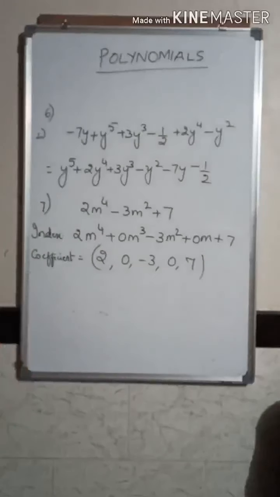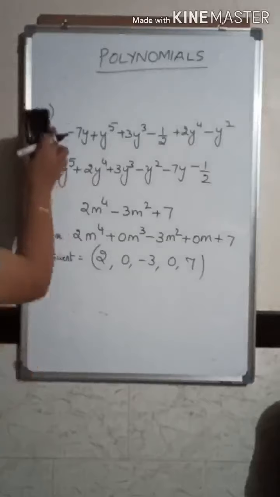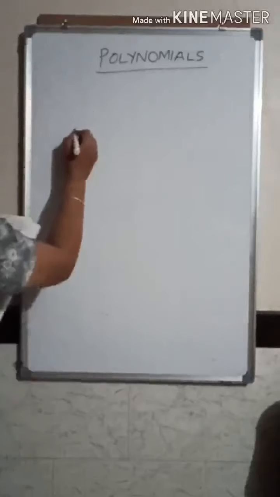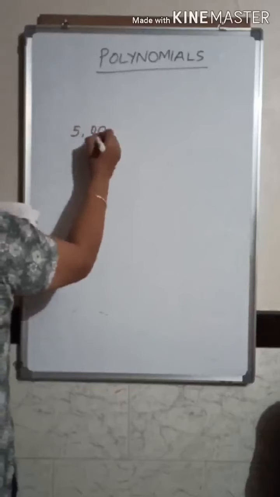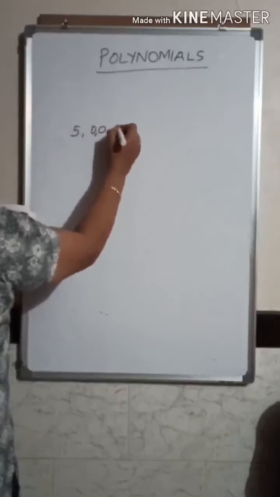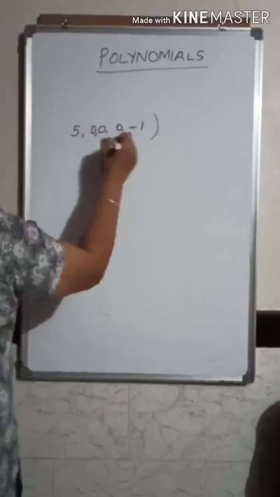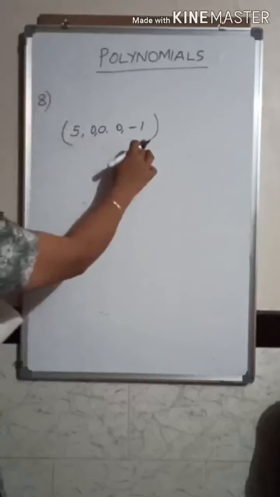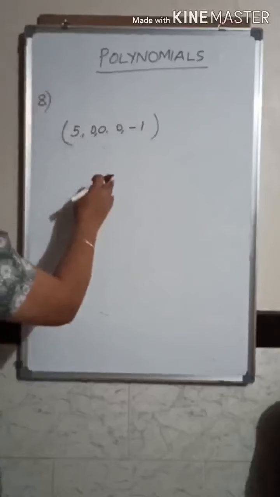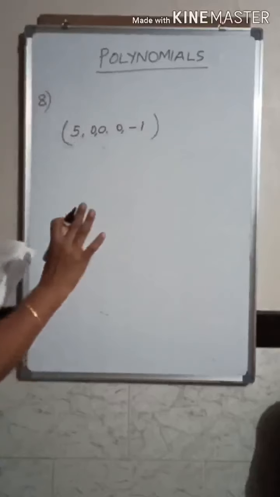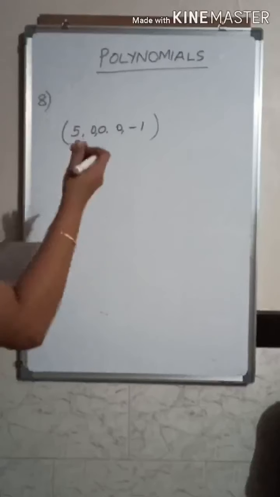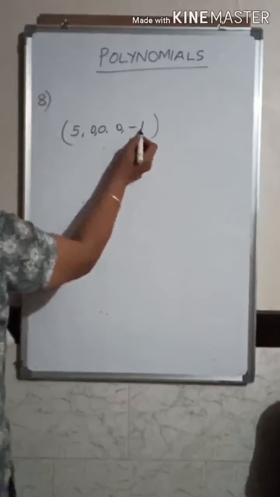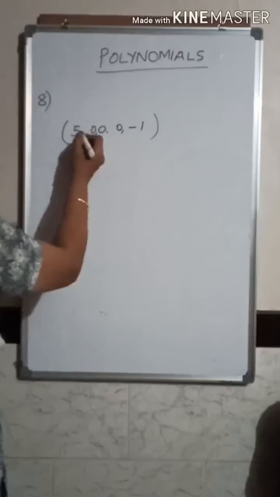Now the 8th problem, write the polynomials in the index form. How to write the given polynomials in the index form? It is given in the coefficient form, you have to write this in the index form. They have not told you what variable you have to use. You can use any variable to frame the polynomial. So how many numbers are there? 1, 2, 3, 4, 5 are there.